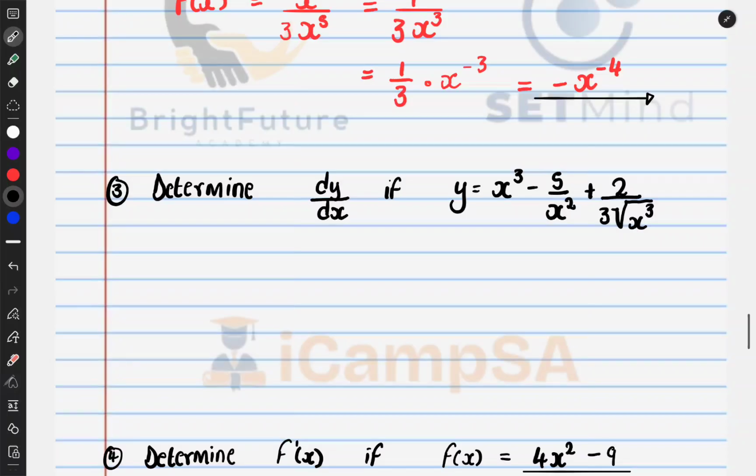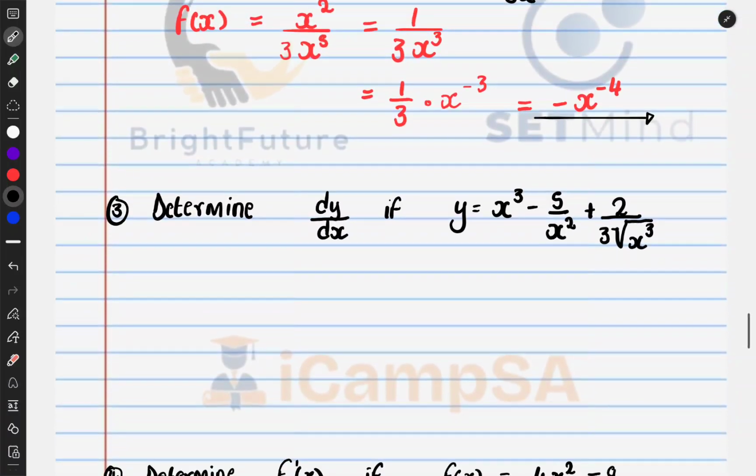Okay, next let's differentiate this expression, deriving y with respect to x. It's a little bit complicated, but it's okay.